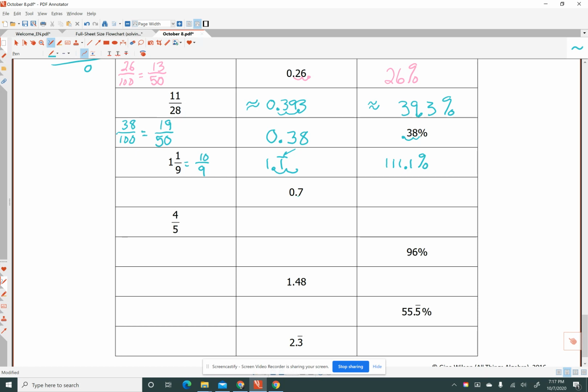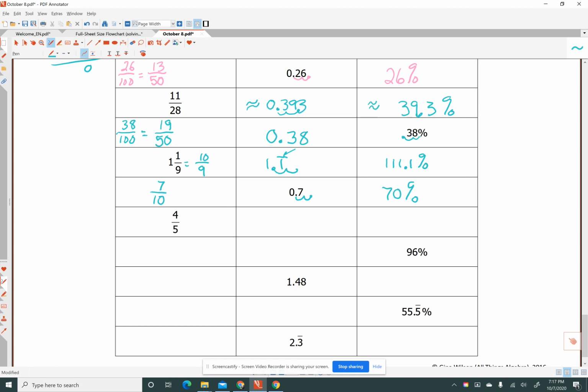Okay, let's go to this next one. 7/10. When we multiply 7/10 by 100, we have 70%. And as a fraction, 7/10 cannot be reduced. So that's a final answer.